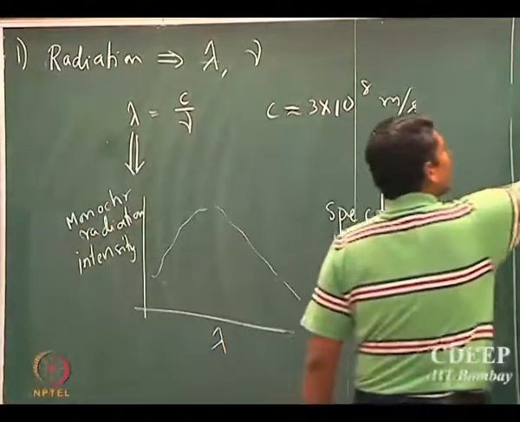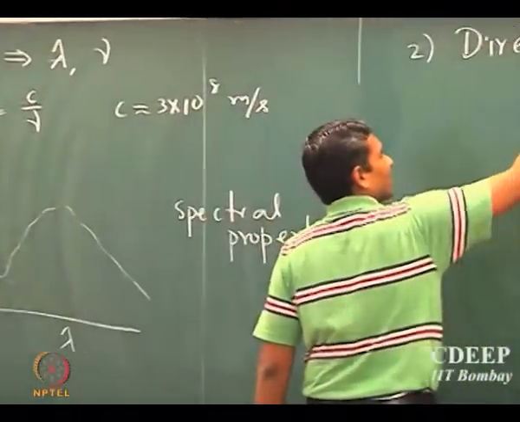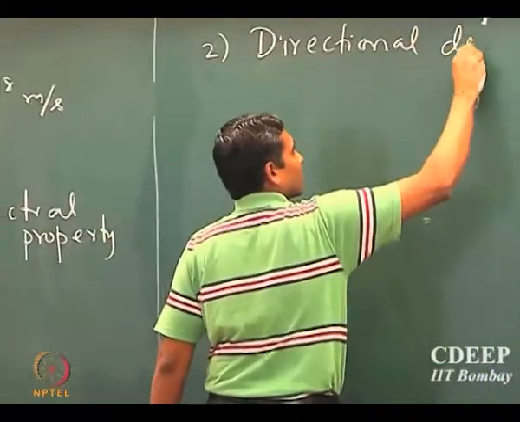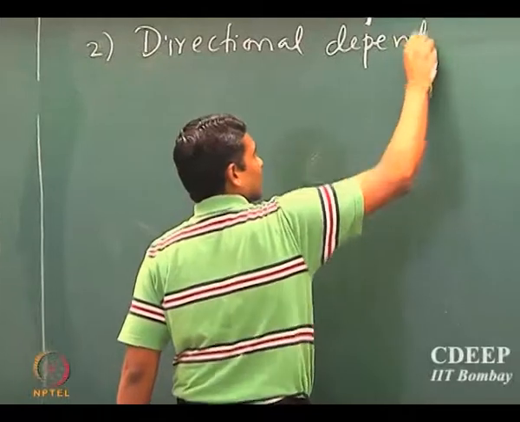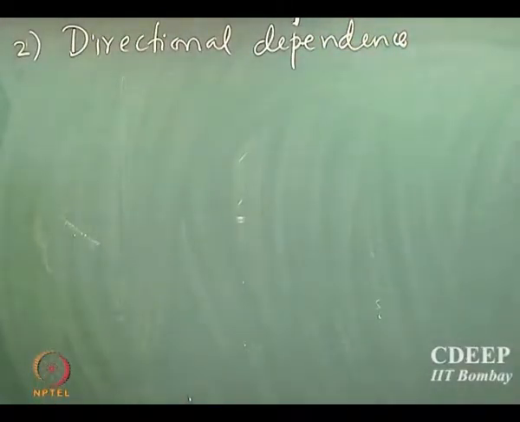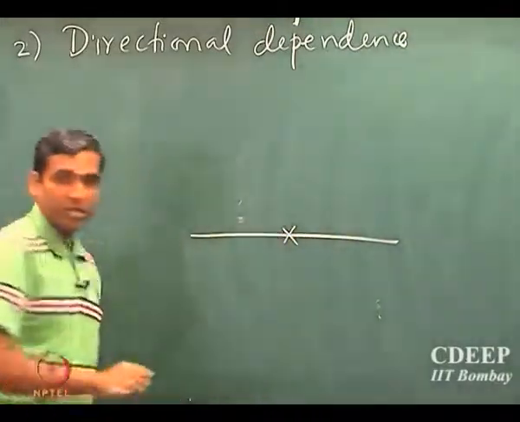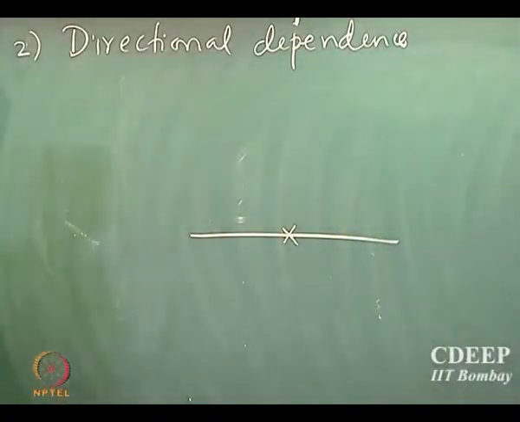Then the second one is the directional dependence. The radiation is also dependent on the direction at which the emission is occurring. So in principle, as a cartoon, supposing I have a point object here which is emitting radiation.